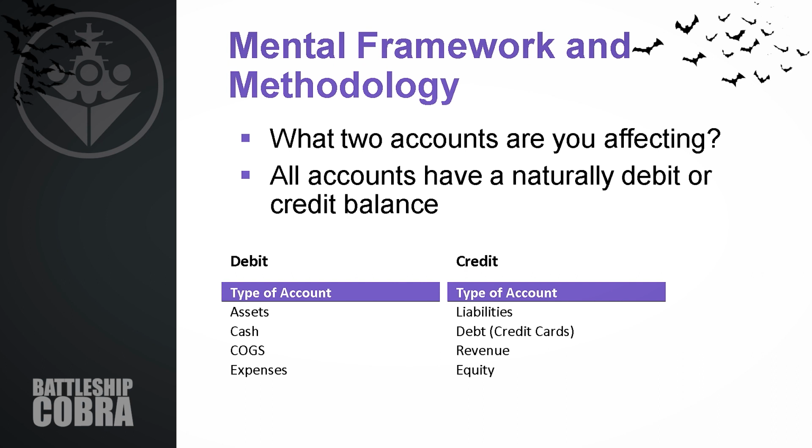A naturally credit balance account is a liability, a debt like a credit card, a revenue, or an equity account. So once you memorize these, you can then say, am I increasing or decreasing? And what type of account is it going to be roughly? And then you can kind of logic your way through what the journal entry should be, okay?